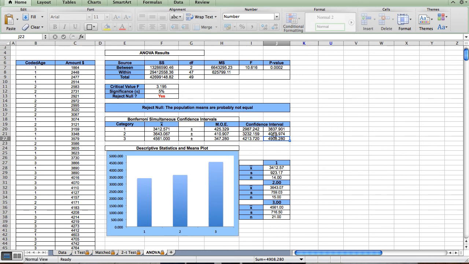However, the confidence interval for age group 3 does not overlap with either age group 1 or age group 2. In other words, this result and the corresponding p-value is coming from the difference between age group 3 when compared with age group 1 and age group 2.